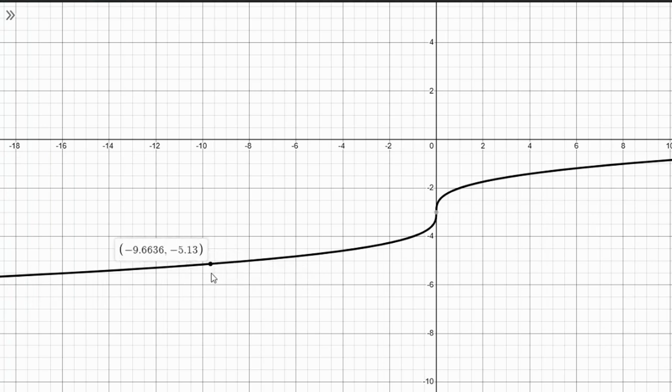Over here, it's negative 5.1. Over here, it's negative 4.5. Over here, it's negative 3. Here it's negative 2. Here it's negative 1.5. Here it's 0.73. Does the y ever decrease? Is that y ever getting smaller? Is there ever a point on this graph that it's decreasing?